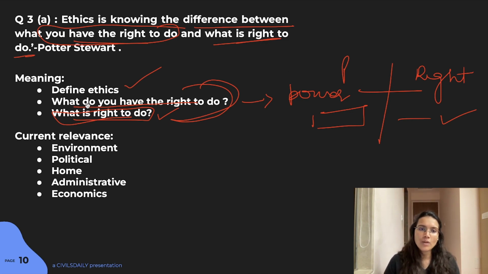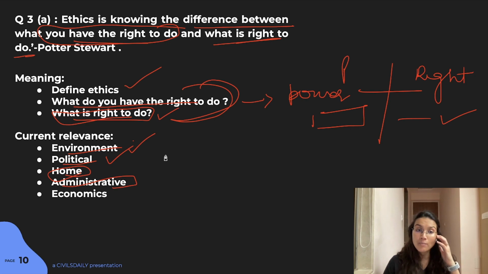Then when you're shifting to current relevance, again, the same aspects, like with respect to environment, you can talk about the north south debate or the Arctic Ocean. These kinds of things you can talk about. When you're talking about political, again, you can talk about the Ukraine war or other political issues like corruption related. Okay, when you're talking about home, like I said, even the parents thing, you can give examples here also.